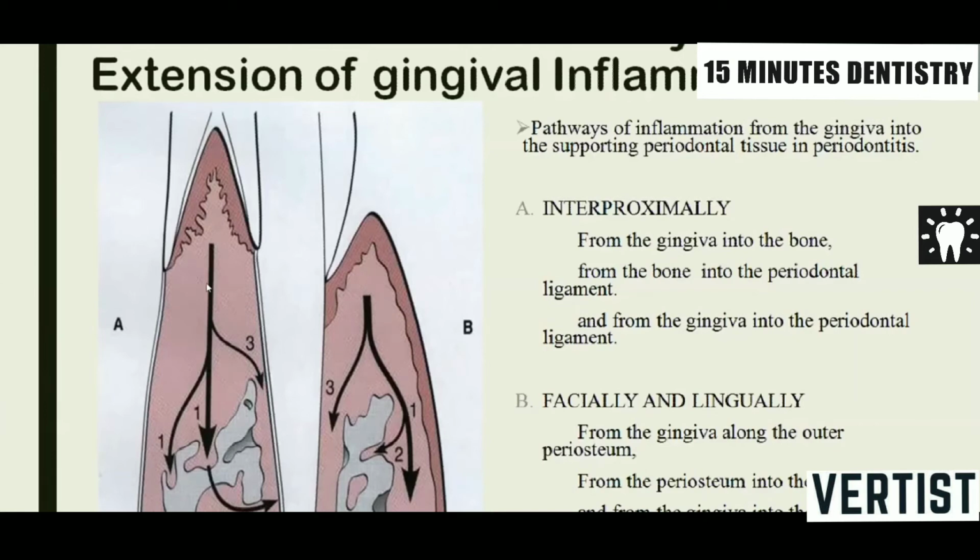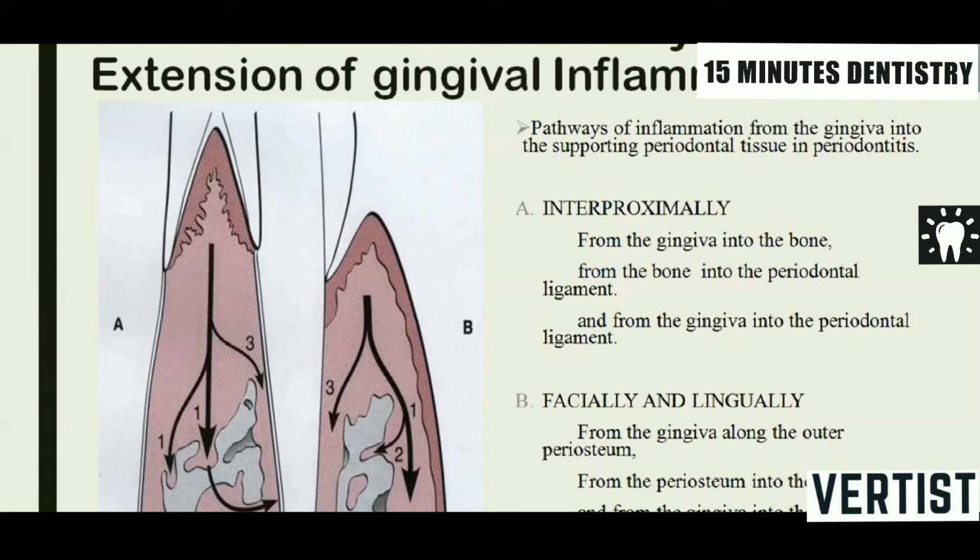Now, if it goes right from the center, suppose it takes a route through the middle of the crest, it results in horizontal type of bone loss. If it takes the crestal route, like this, it will have the angular type of bone loss. So whichever extension pathway the inflammation takes, depending on that, the pattern of bone loss is decided.